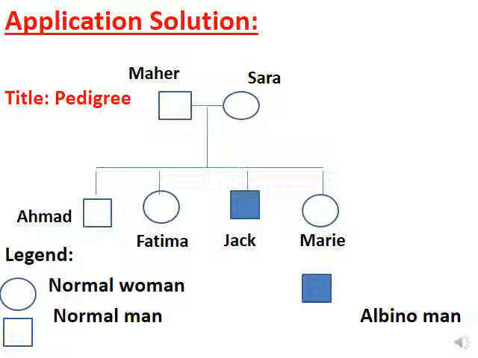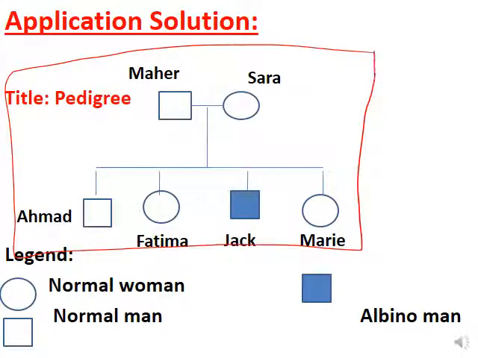The albino man is the square filled with blue. Here we don't have an albino woman, that's why we didn't put it. And there is the title, you can put it under the pedigree. And the pedigree, you have to close using a pencil and a ruler inside a box.